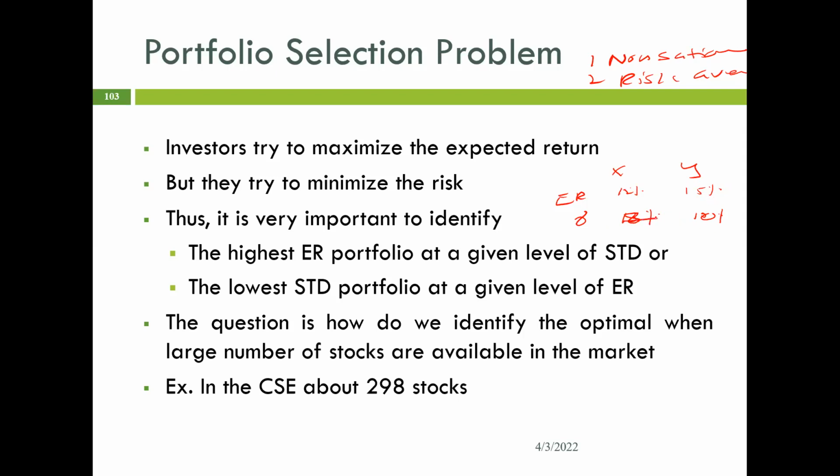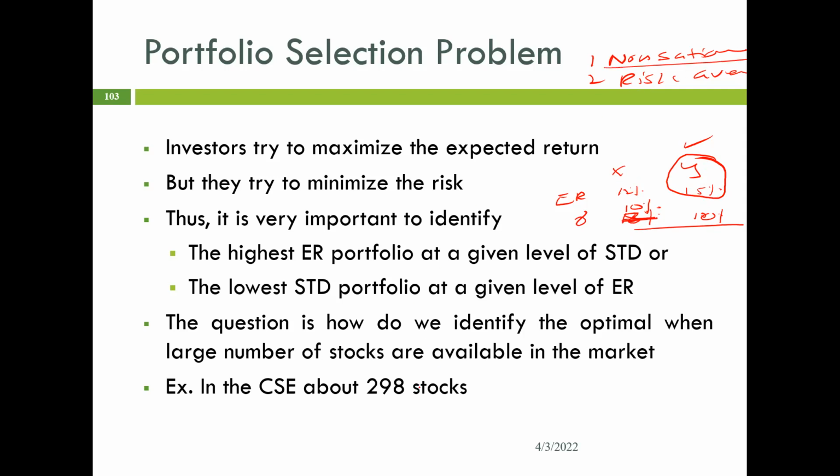No. Here the same risk, right? Say risk is 10%. Both have the same risk level. Now, if I ask which stock you are selecting, you may select Y. As a rational normal investor, you may select Y because for the same level of risk, stock Y is getting a higher expected return. So if you are selecting X, that is nonsense. It's not rational. So you may select Y. This behavior we call in theory non-satiation.